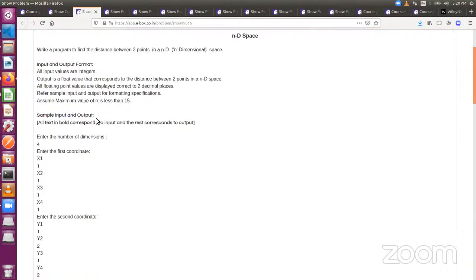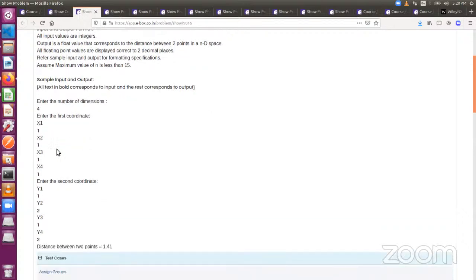The second question is you have to generalize it for n-dimensional points. The base question was 2 dimensions, and this is for n dimensions. Here they give the dimension, so the first input itself is the dimension. If n is 4, you have to take 4 coordinates for the first point and 4 coordinates for the second point.